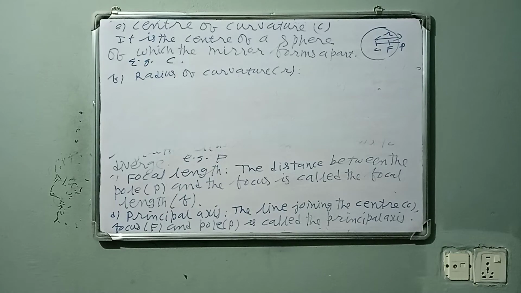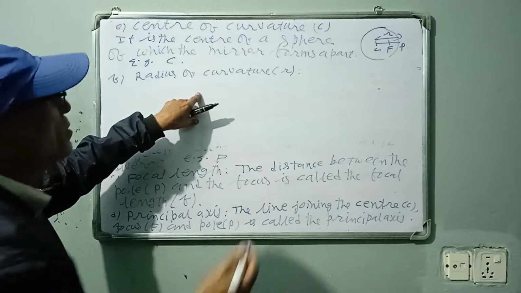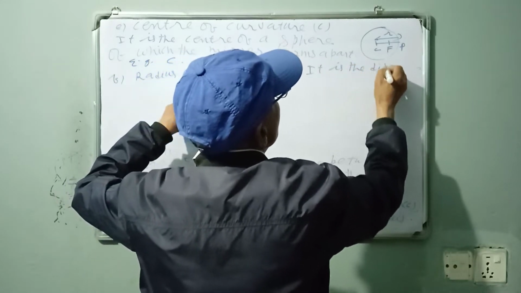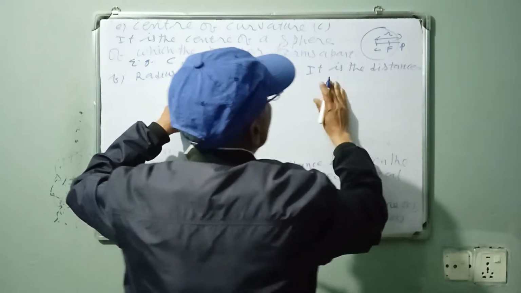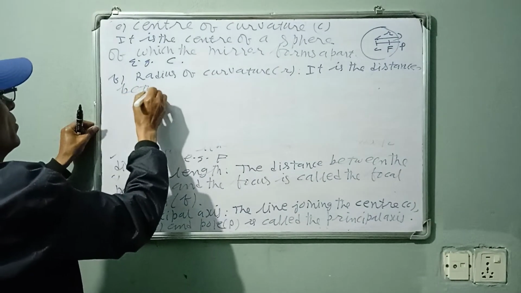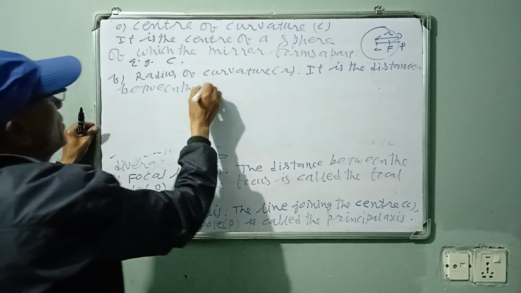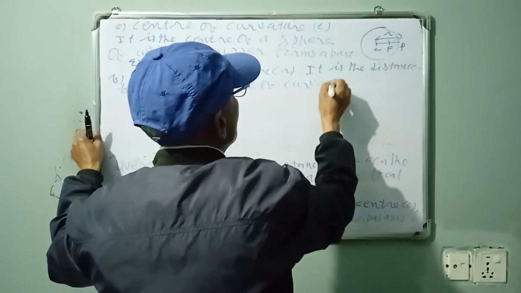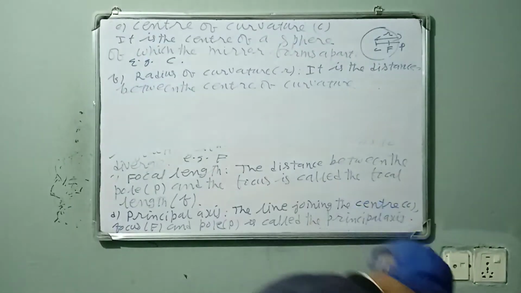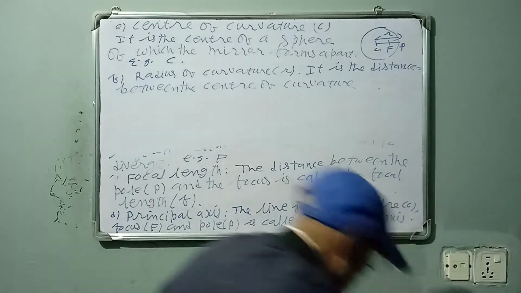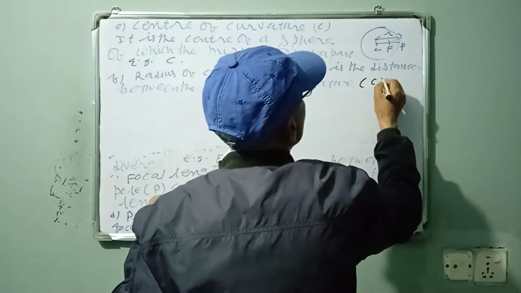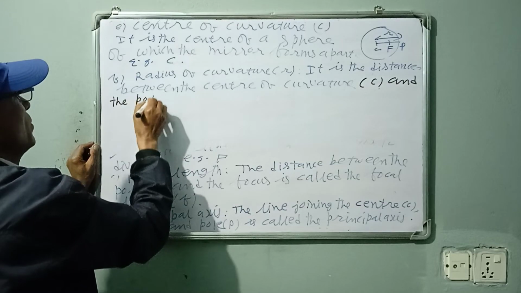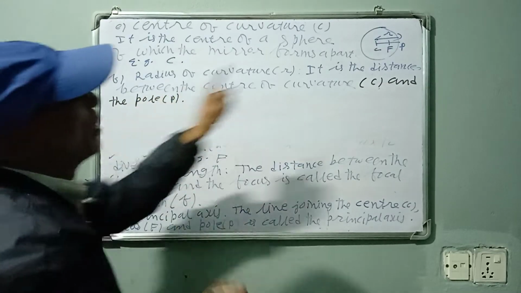So radius of curvature means the distance between the center of curvature C and the pole P, CP.